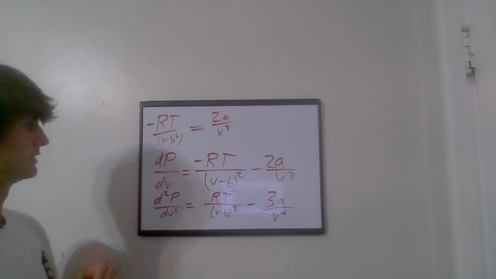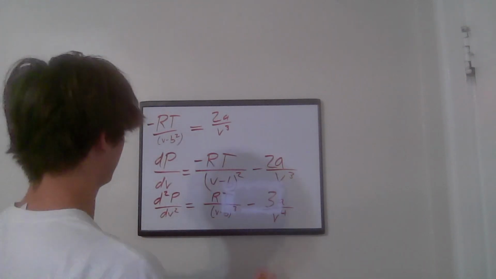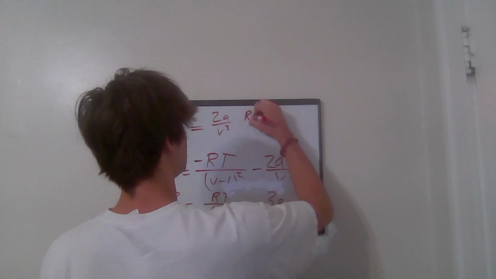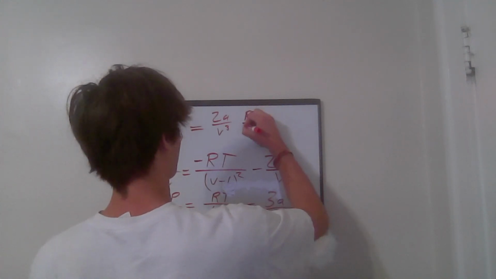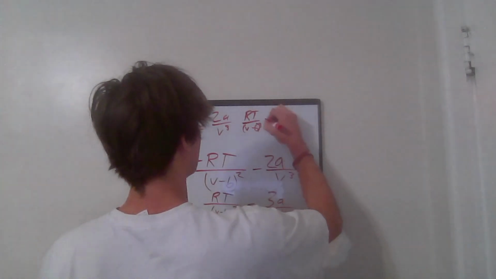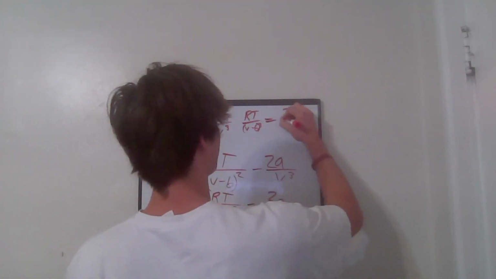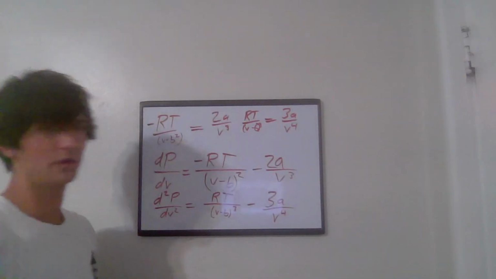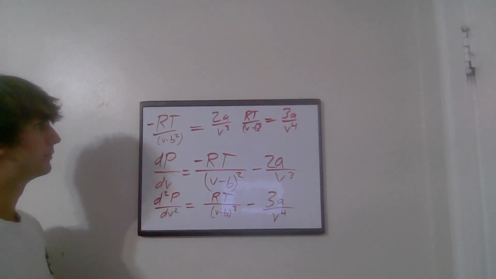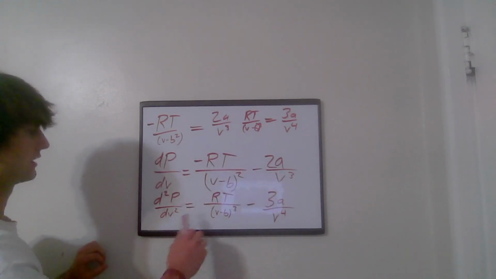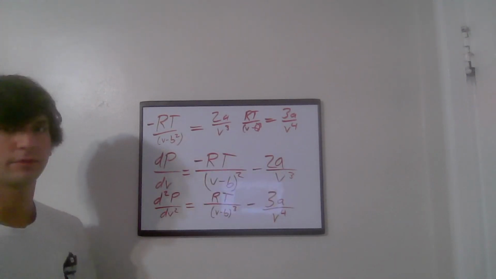So we can set them equal to each other to find our unknowns. And we can also say RT over V minus B cubed can be equal to our 3A over V to the fourth. It's a little hard to read, but what we're doing is just adding this over to the other side so we can solve for our unknowns.